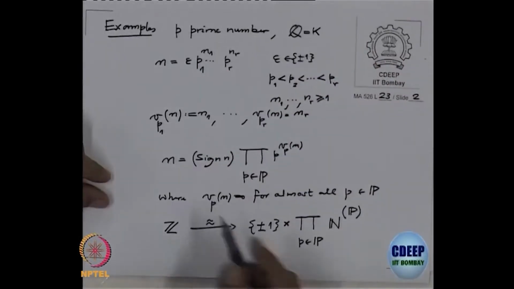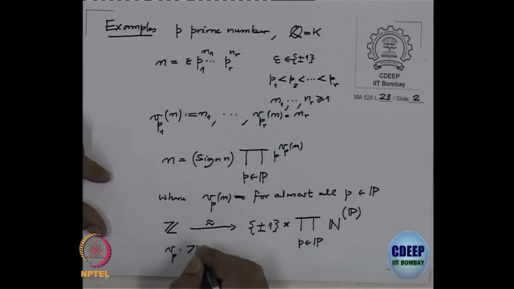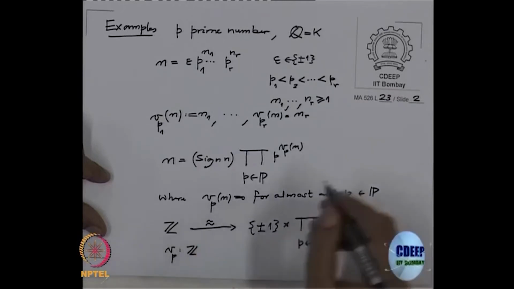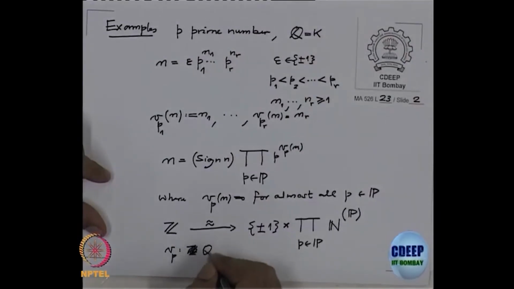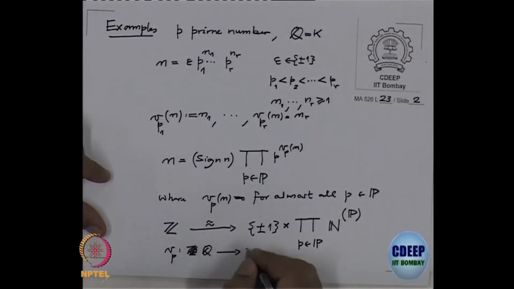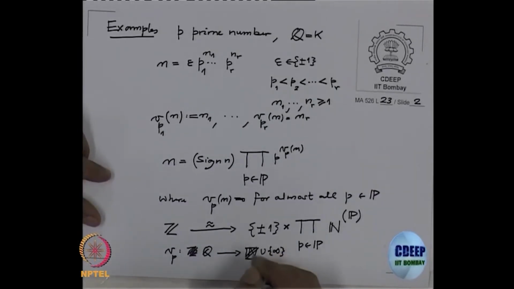Think of Vp as a map from Z, and you can also define it for Q, so it is a map from Q to Z union infinity. For Q we have to take Z here.